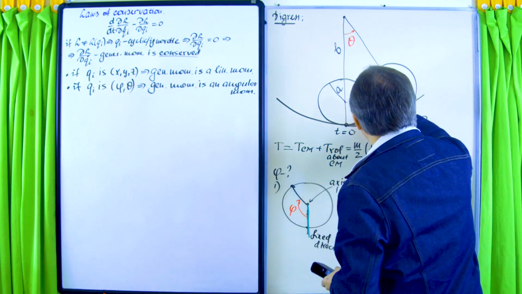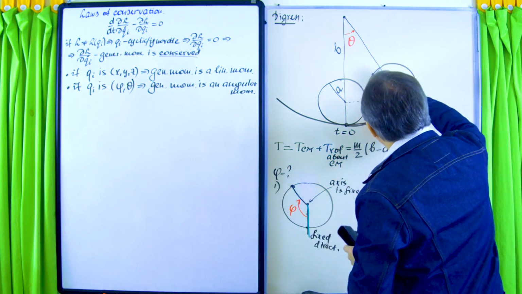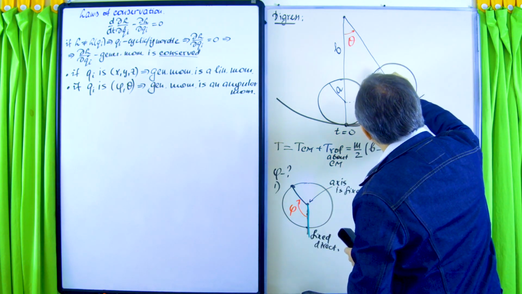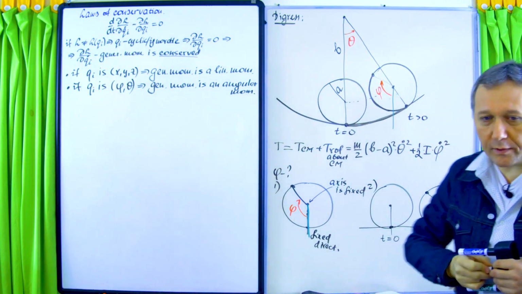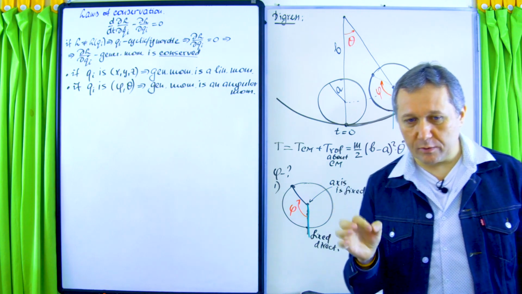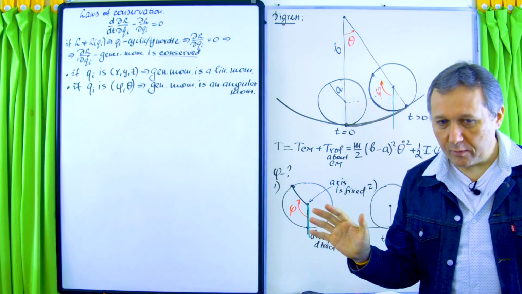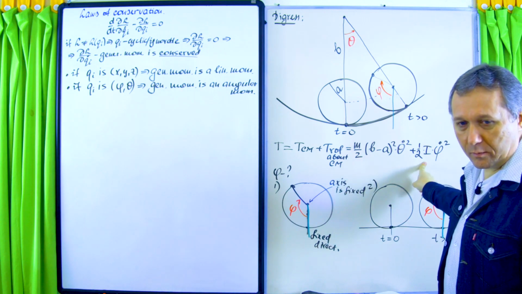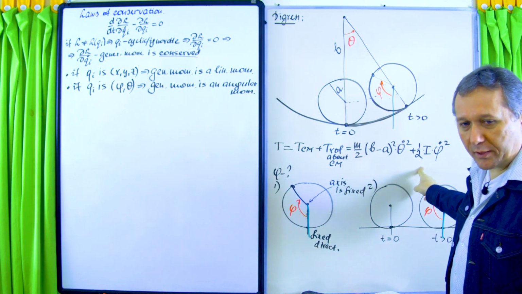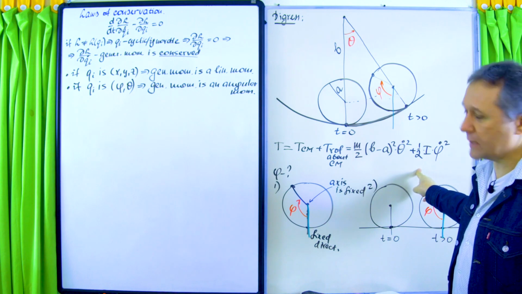And now angle phi should be defined this way. So this is the angle phi. Now we have only rotational motion about the center of mass. Nothing else will be involved in this, because in this expression, we assume that we have only rotational motion about the center of mass, nothing else.